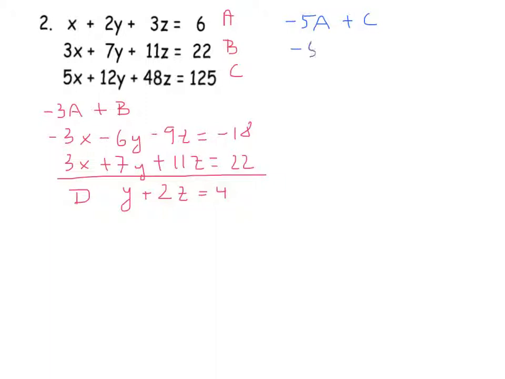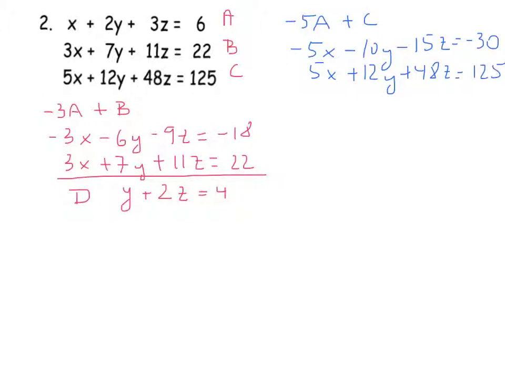So -5x minus 10y minus 15z will equal -30, and 5x plus 12y plus 48z will equal 125.